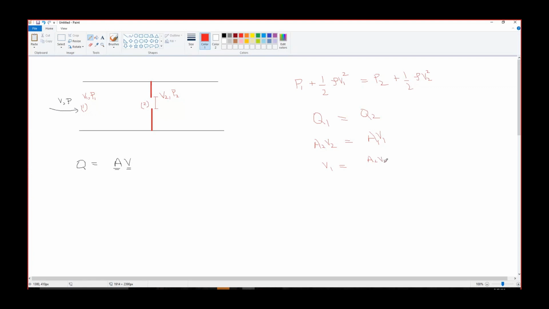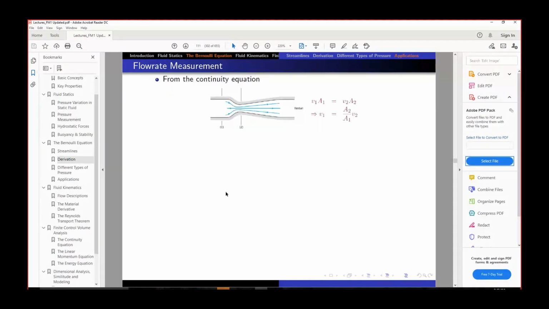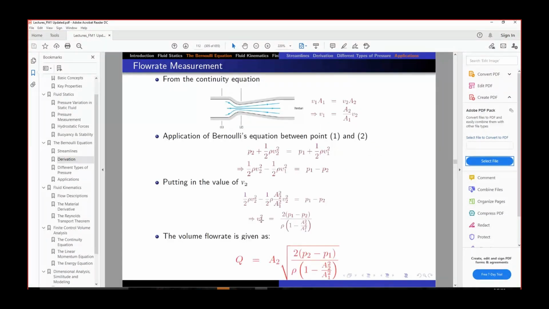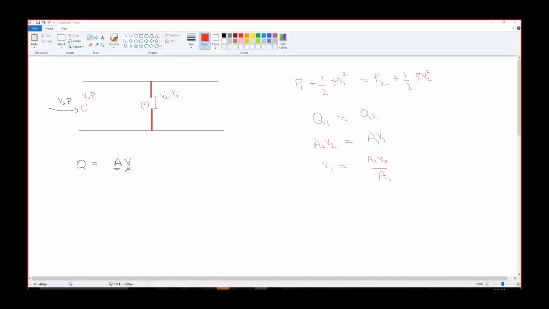So it's a very simple principle that we have already discussed while considering the channel flow or the confined flow. Now I know v1 from here, we can put v1 in here and we can develop another equation for the velocity, right? We have already developed this equation by simply applying Bernoulli equation between the 2 points and calculating the velocity, and we know that Q is area into velocity, so we simply write the velocity equation here.